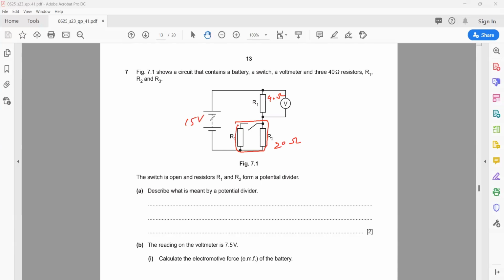This is again 15 volts. We already calculated that one. But right now it will divide in this way, meaning more resistance, more voltage. So here will be 10 volts and here will be 5 volts. Then total again 15 here. So this combination will work here.